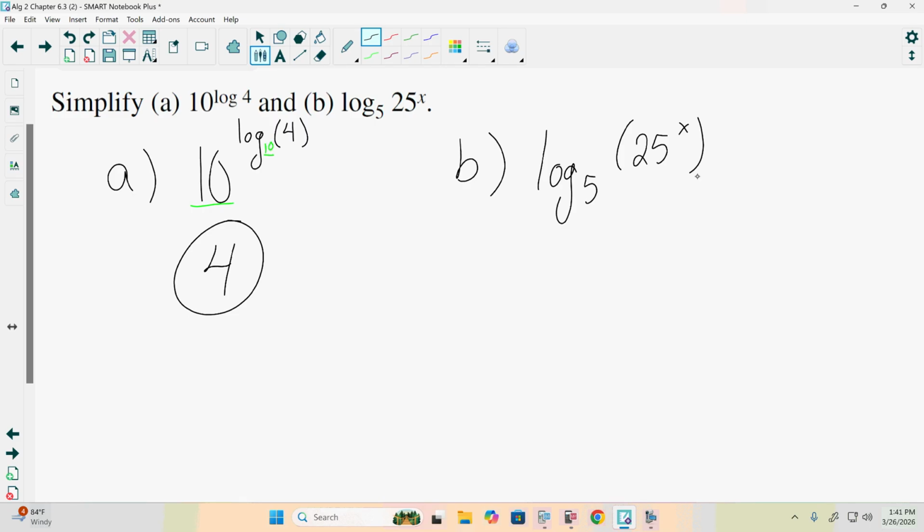Our second one is log base 5 of 25 to the x. Now this would reduce nicely if we didn't have 25 but we had 5.